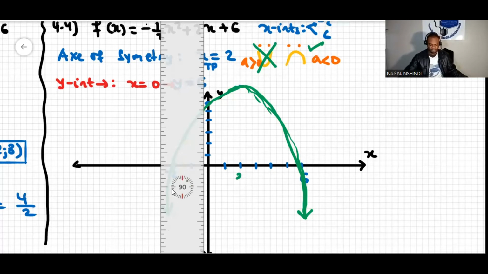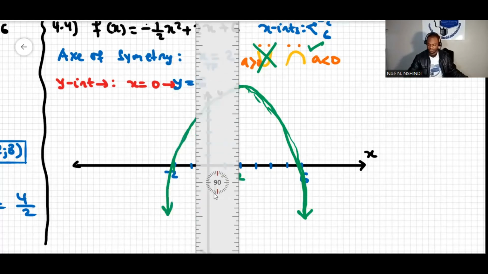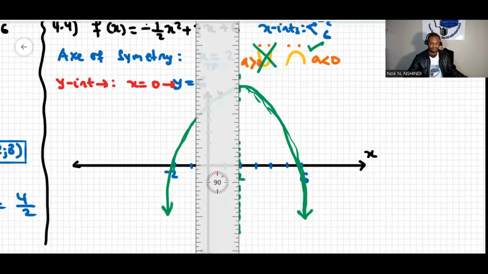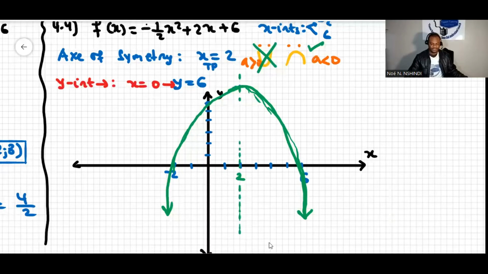So it's the line that's this dashed line here at the turning point. So this dashed line.